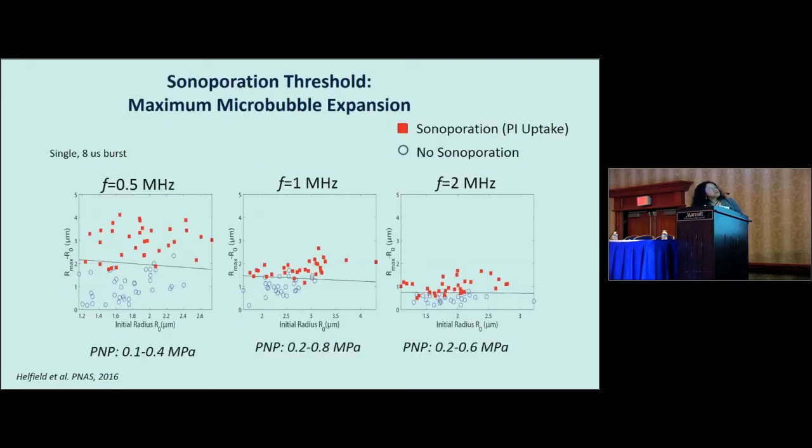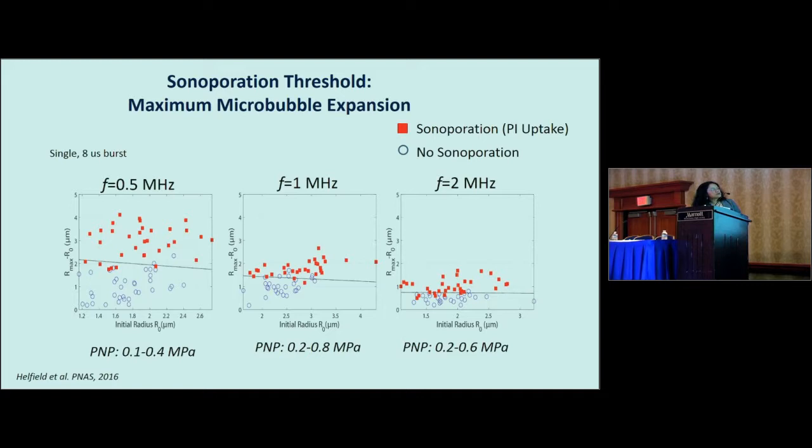So these are some data for all the microbubbles analyzed. There are something like 200 microbubble-cell interactions at 0.5 megahertz, 1 megahertz, and 2 megahertz. This is the initial radius of the microbubble, and this is the change in the radius size. Red represents cells that took up propidium iodide, so they were sonoporated, and an open circle is no sonoporation, so no propidium iodide.